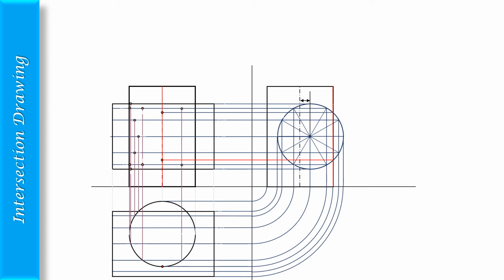Now start to draw the curves, and the dotted lines, the side dotted lines. This is the intersection of curvature.